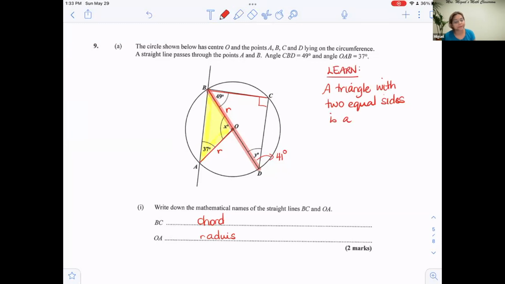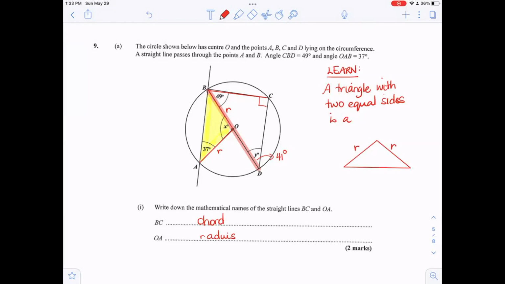I'm not moving on until somebody gives me the answer. How do we call the triangle? A scalene? Isosceles. An isosceles. Thank you. So if we didn't know that before, we know it now.